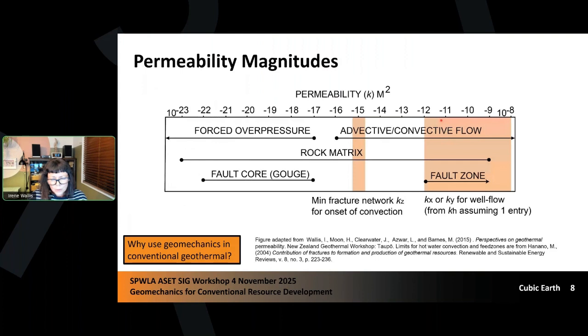And so what are we talking about in terms of permeability for geothermal systems? You can get a geothermal anomaly, so a thermal anomaly, geothermal system occurring sort of at 10 to minus 15 meters. But in order to get wells to flow, you need permeability a couple of orders of magnitude higher than that.